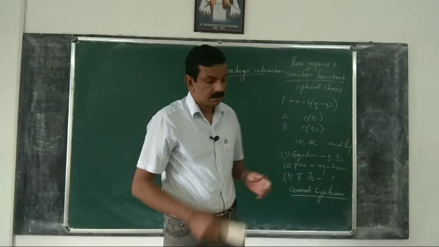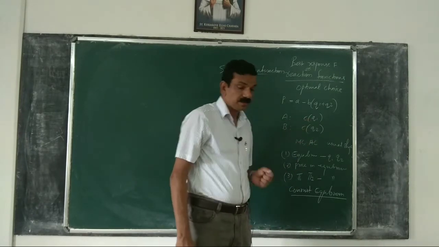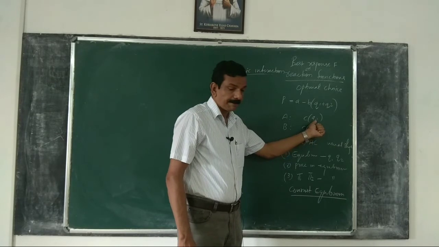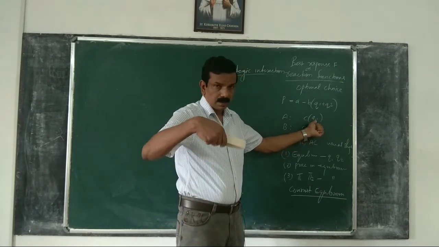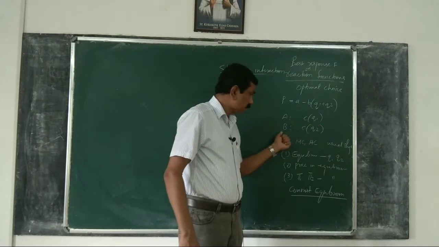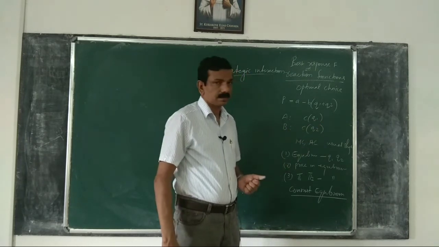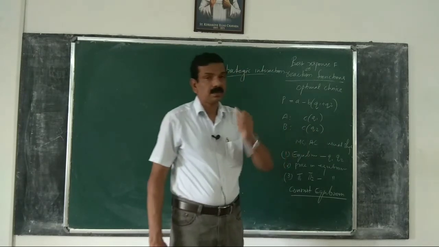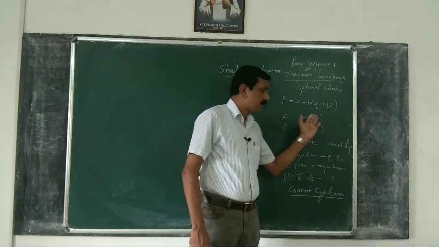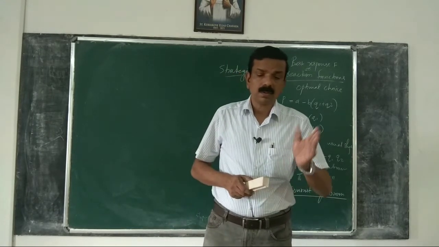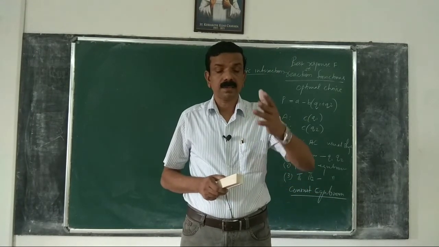So, the best response of A specifies the optimal choice for firm A about some variable, say quantity, given the choices of competitors. Given that B produces a certain level of output, what is the best response of A? And we assume that the goal of the firm is maximization of profits.